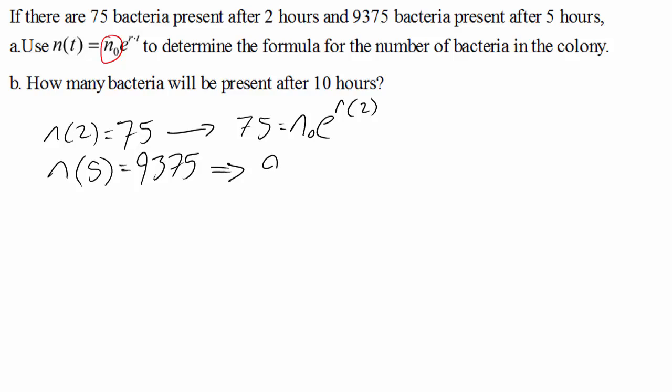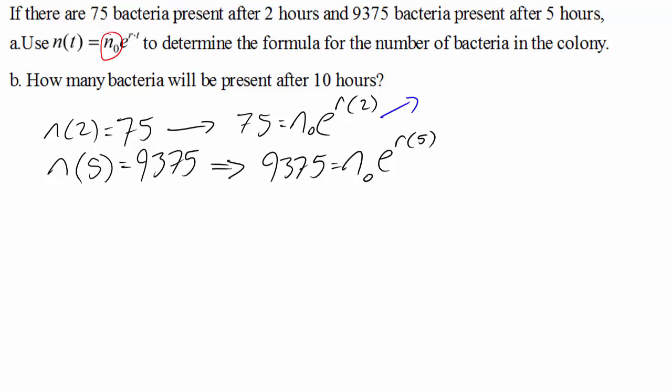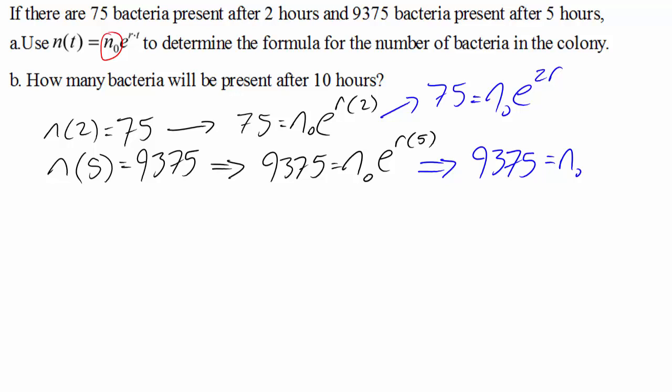The 5 will be our 9,375, which will be equal to N sub 0 e to the r times 5 power. So I'm going to clean this up just a little bit to make it easier to look at. We have 75 equals N sub 0 e to the 2r, and then 9,375 will equal N sub 0 e to the 5r.